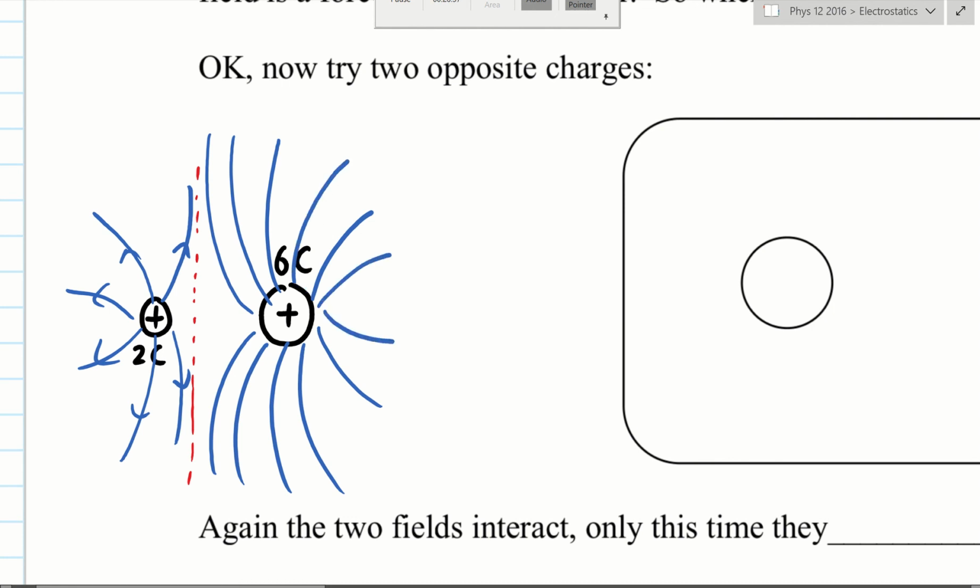For a charge that is a lot stronger, for something that's 6 coulomb, technically it should have 3 times the electric field lines compared to something that's like 2 coulomb. But most of the time we won't care about how many. Just make sure that it is noticeably more.